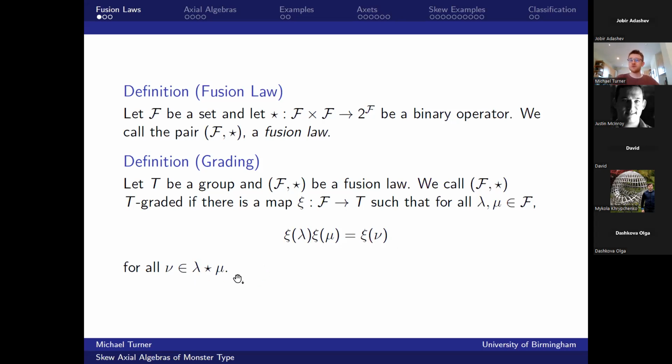So lambda star mu, remember, is a set, so we've got to check it for each element in this set. One thing I haven't written on this slide is that we want the grading to be such that the image is equal to the group. Every fusion law we can grade to the trivial group, so we want some nice grading so that we have a non-trivial grading to look at.